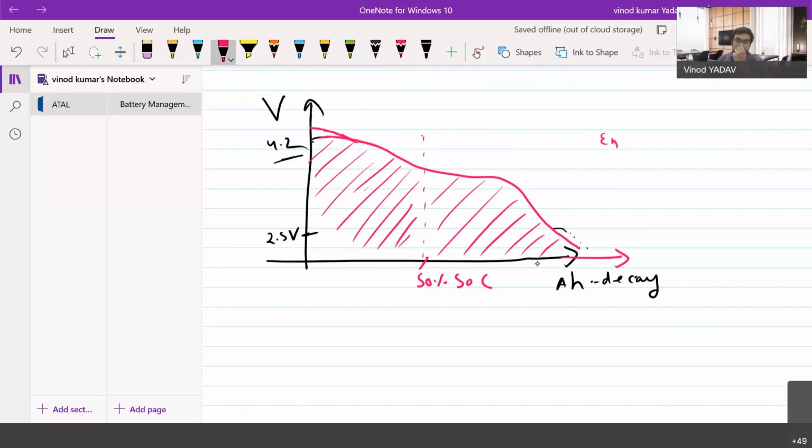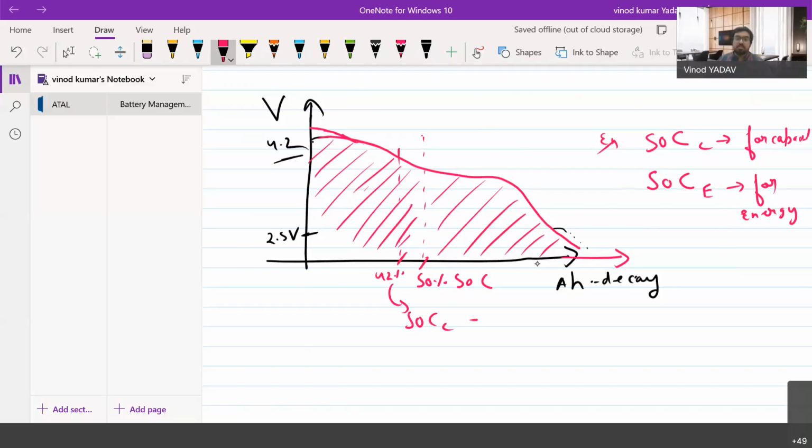And to understand this, we have one more parameter. This is SOC, for charge capacity. And to account for energy, we go for another parameter, that is SOCE, that is for energy. So let's say 42% SOC is equivalent to 50% SOCE.